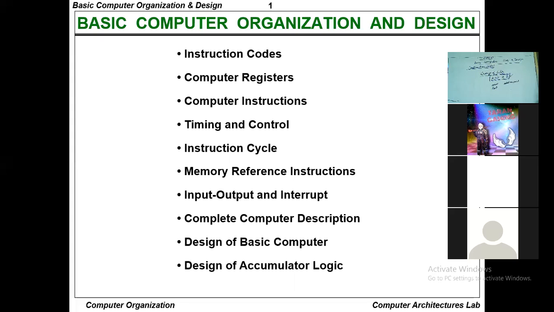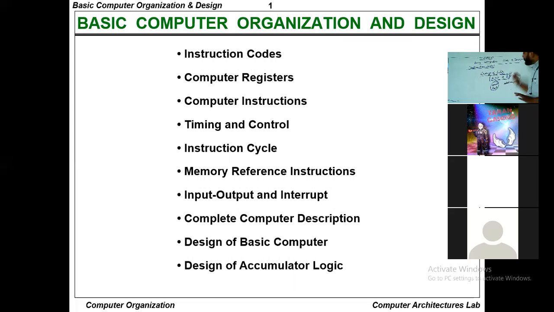Operation code means the operation that we want to perform, like addition, subtraction, increment, logical AND, logical OR. These are the operation codes that we want to perform on data. That is the operation code. Okay, third, ADD A B. It is a complete one instruction.